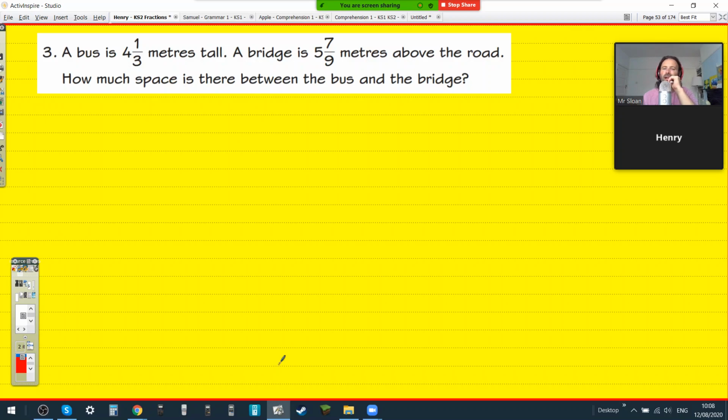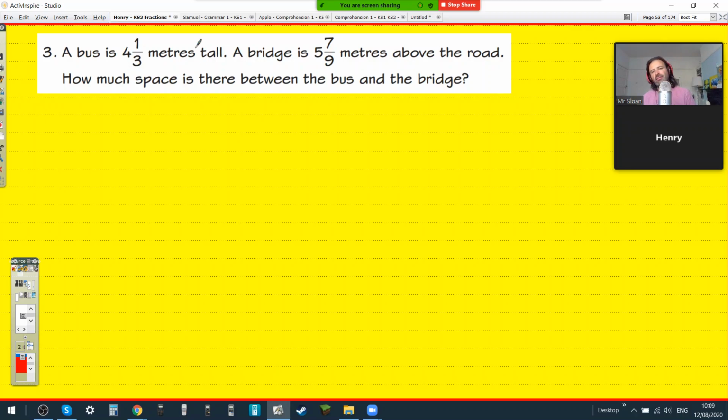So to make 4 and 1/3, sorry, it is 13 thirds. Yep.